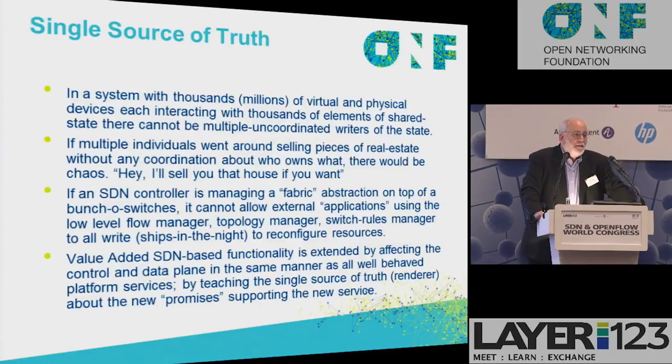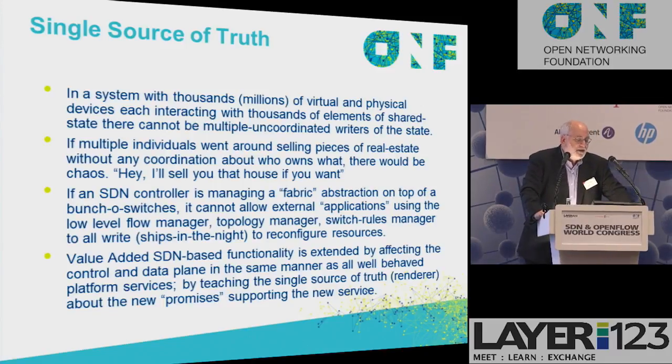So the intent engine is the single source of what we call truth. When you have an actual network with thousands or millions of devices and users interacting with thousands of elements of shared state, there can't be multiple uncoordinated controls of the state of the network. There has to be one single point of control, especially of the resources, because you can't allocate the same resources to multiple users and multiple applications simultaneously.